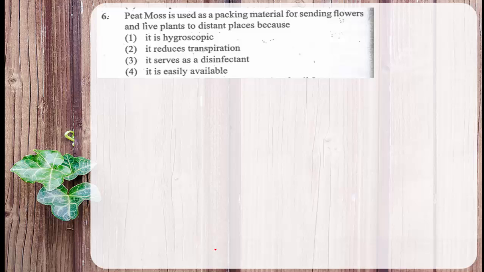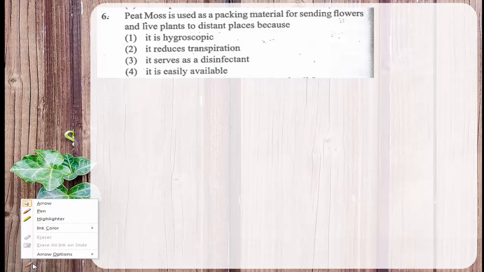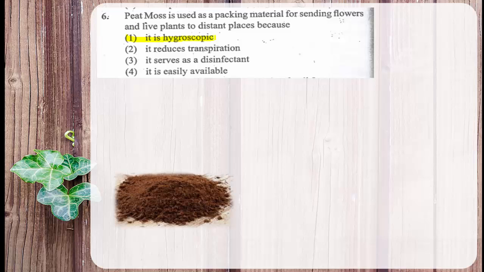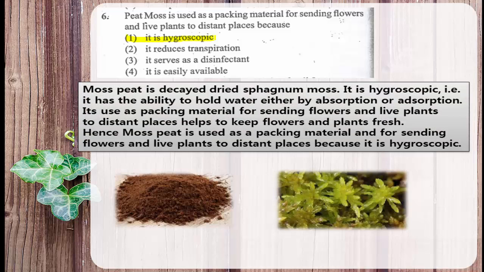The question is asked, why is peat moss used as packaging material for sending flowers and live plants to distant places? Because it is hygroscopic, it reduces transpiration, it serves as a disinfectant, or it is easily available. And the answer for this question is the peat moss is hygroscopic in nature.